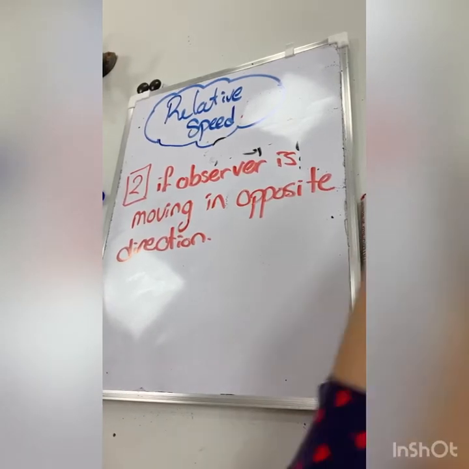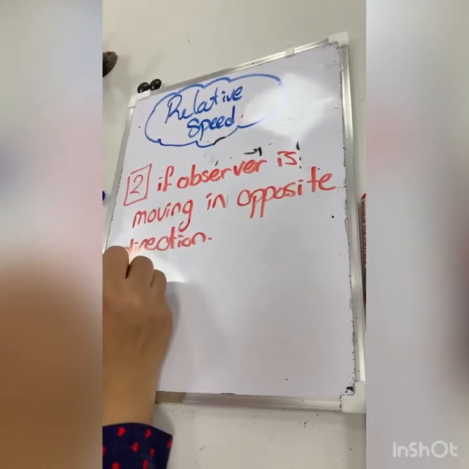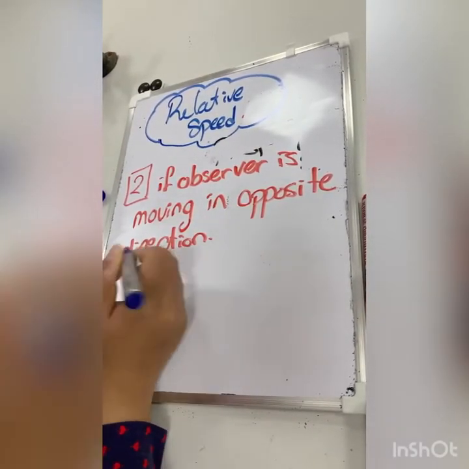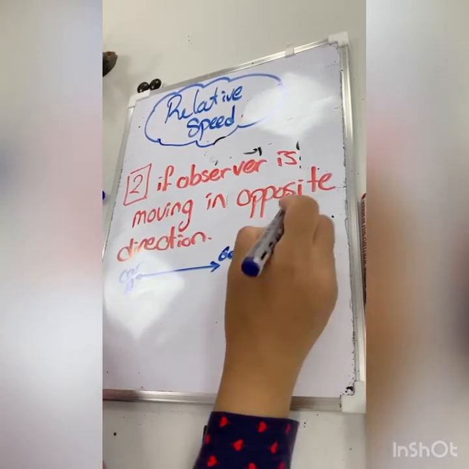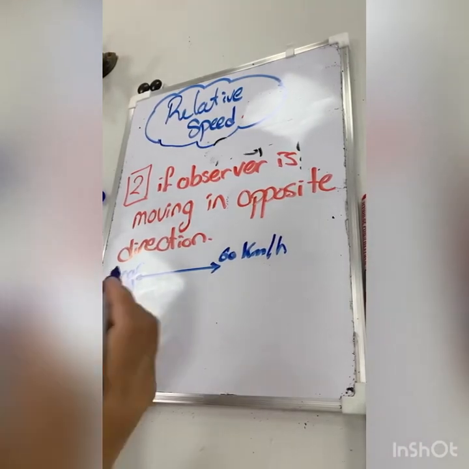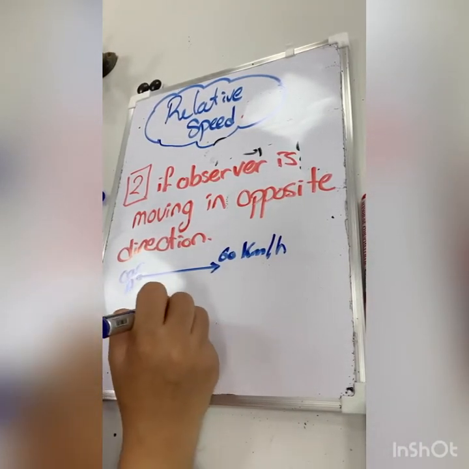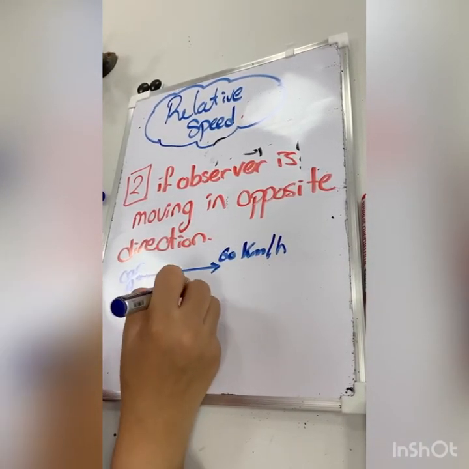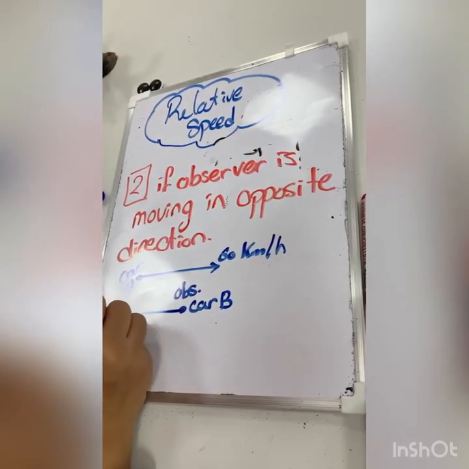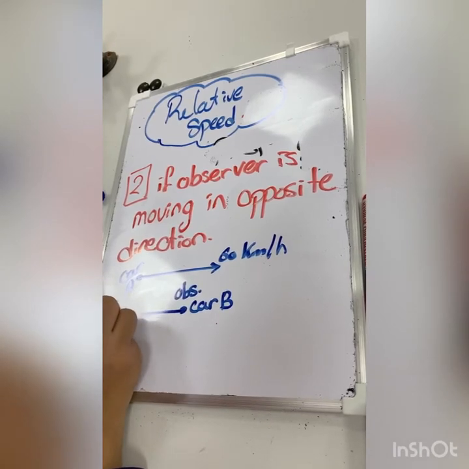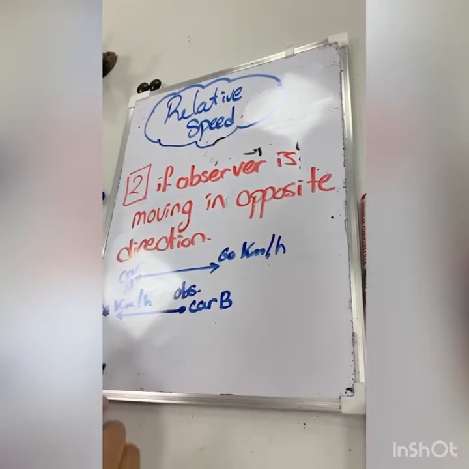Let's see an example. If car A was moving in this direction at 60 kilometers per hour, while the observer in car B was moving in the other direction at 40 kilometers per hour.